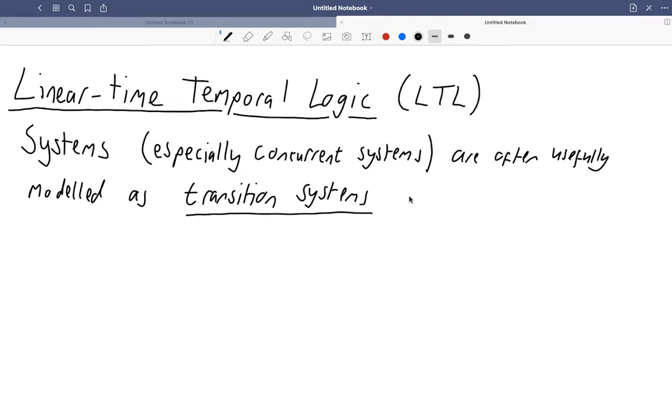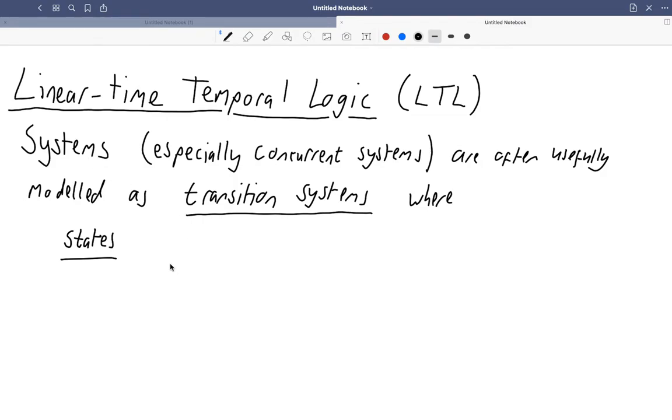And in a transition system, we have two components, two different kinds of components. We have states. So states represent the state in which the entire system can be in.